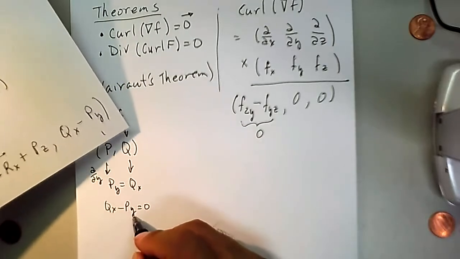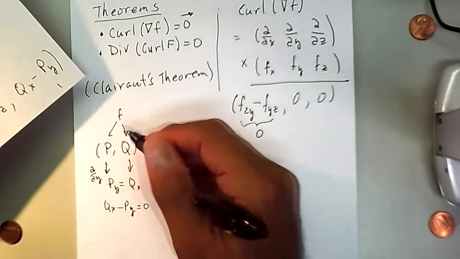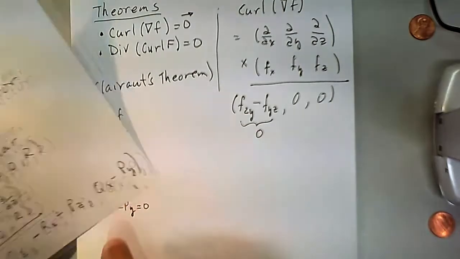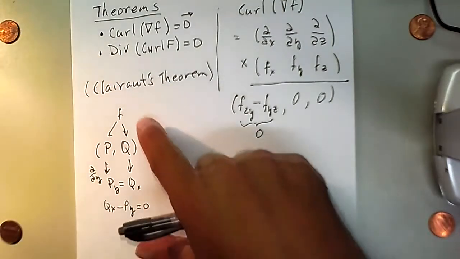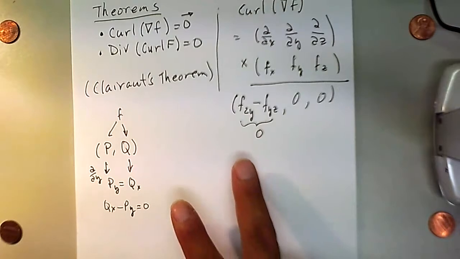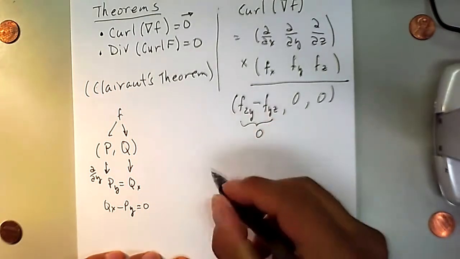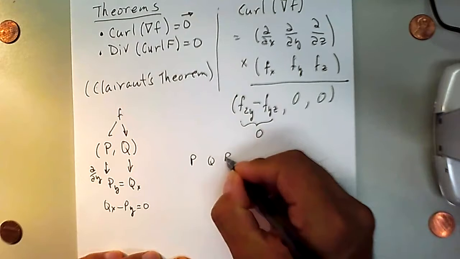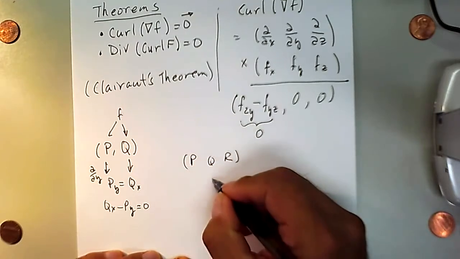If we get 0, then there is such an f. Well, this is useful in 2 dimensions. What if we have 3 dimensions? What if we have P, Q, R in 3 dimensions?